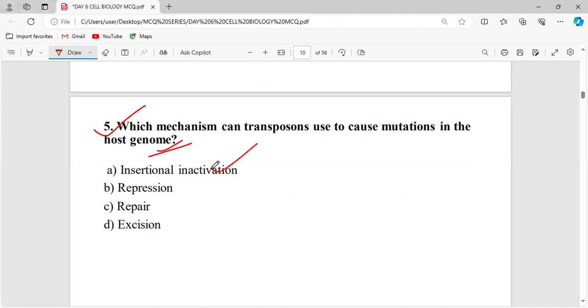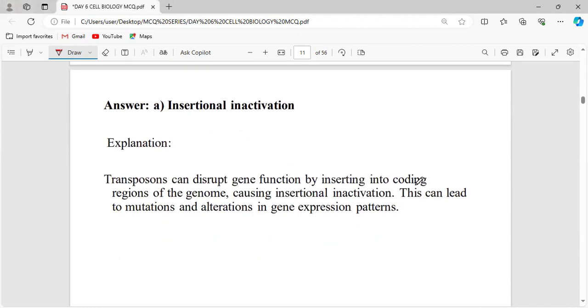And that will be insertional inactivation. Can anybody tell what is meant by insertional inactivation? What is insertional inactivation?